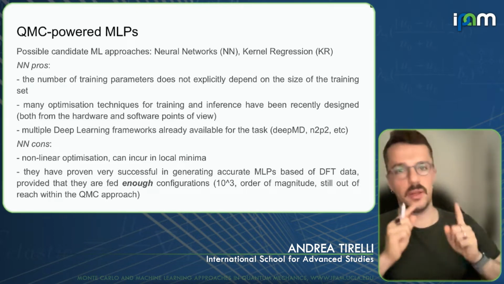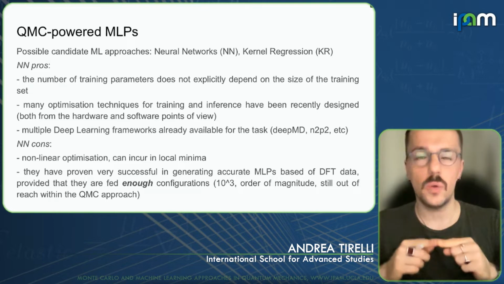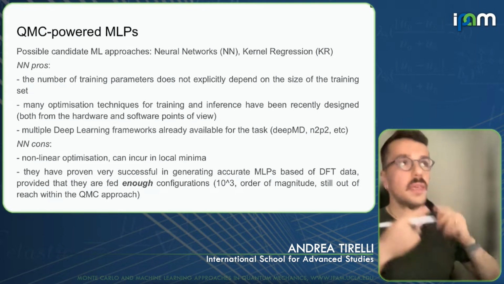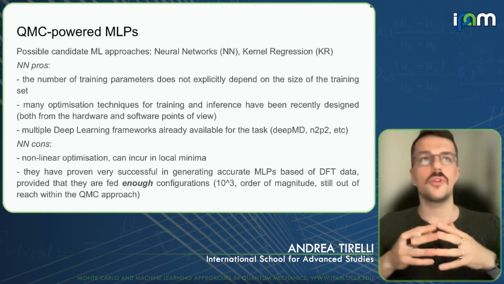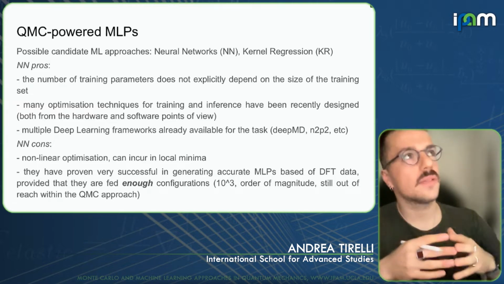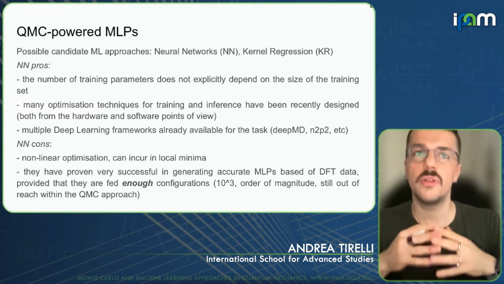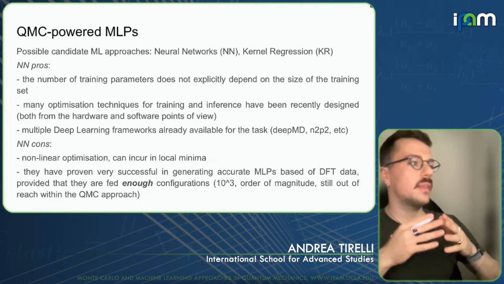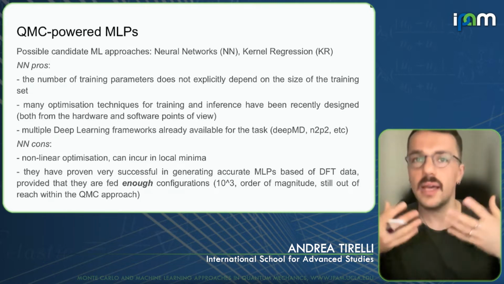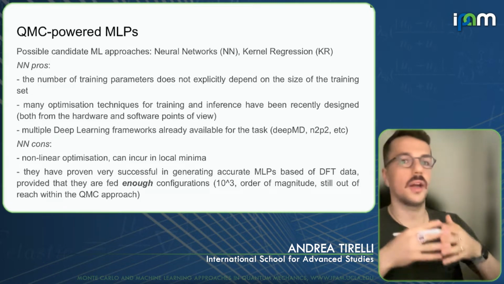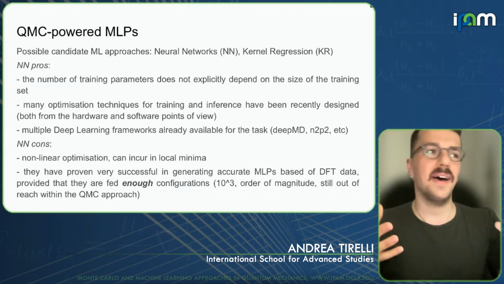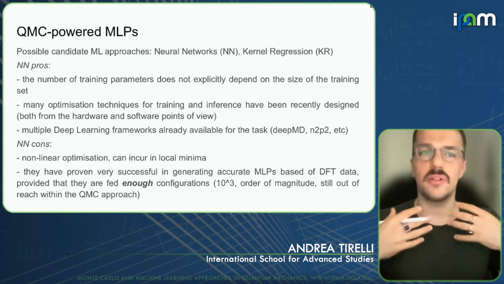And most importantly for our case is the following. Even in the literature, we see a lot of successful deep learning, machine learning potentials, but most of the times the size of the training sets that they require are huge, especially for our case.